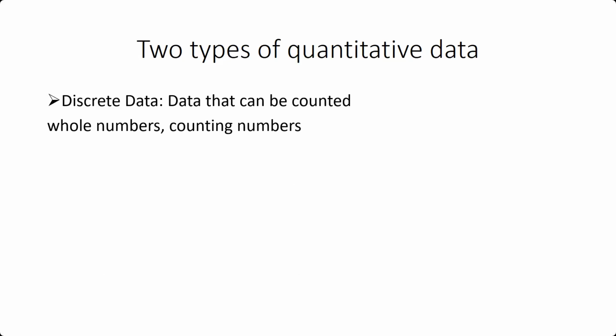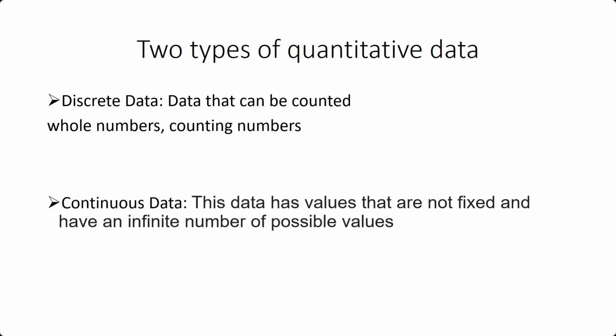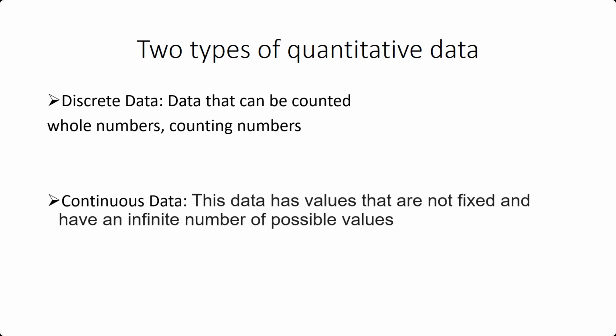You're not going to have part of a pet. Now, things that would have decimals or fractions, those are called continuous data. So if it could have a decimal or a fraction, then it's continuous.